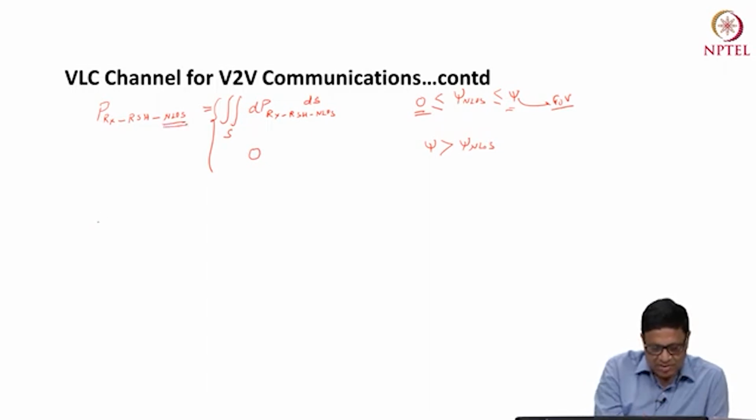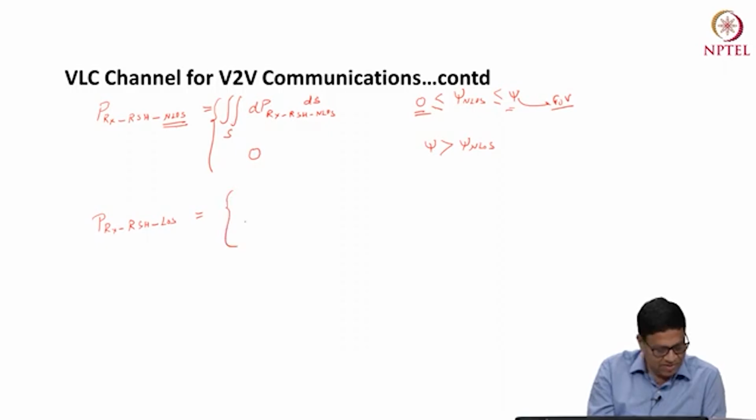Similarly, we can calculate the component which is coming from the line of sight, that is PRX from the right side lamp, LOS. So this will be given as I_RSH.